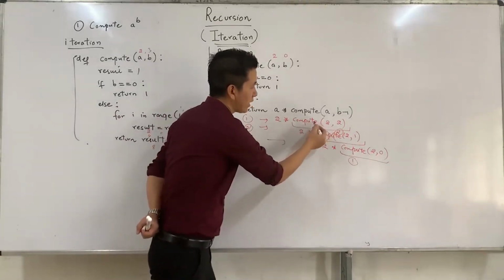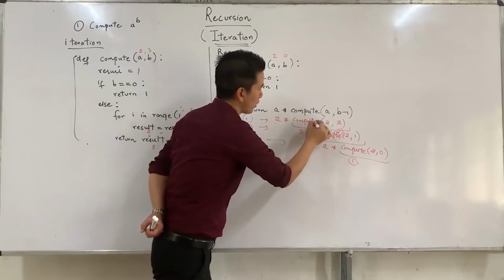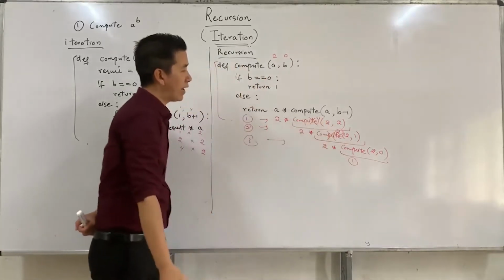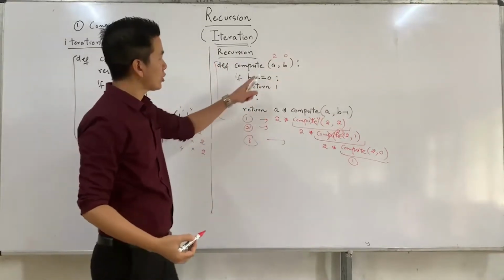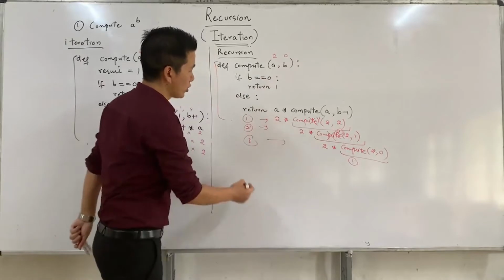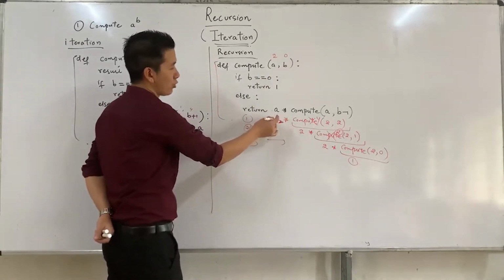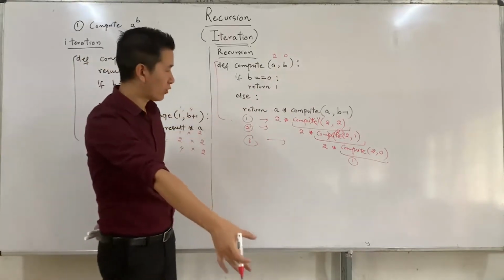So this will be replaced by the returned value of 2 times 2 is 4, and then finally, the original call will get the returned value of 2 times 4, which is 8. Okay, so the final value of a will be returned to the main part of the program.